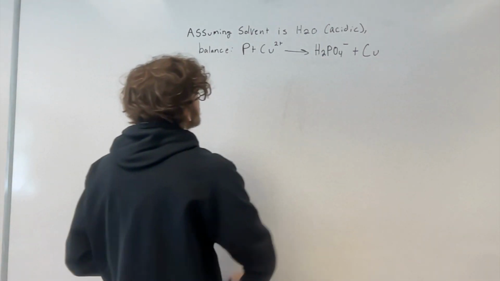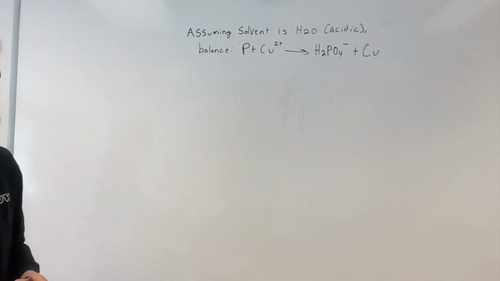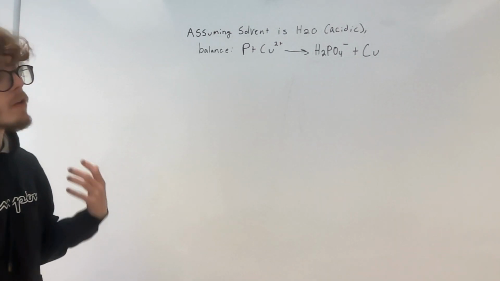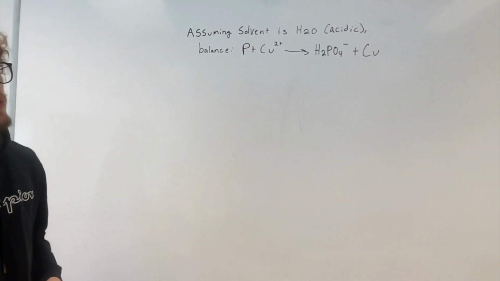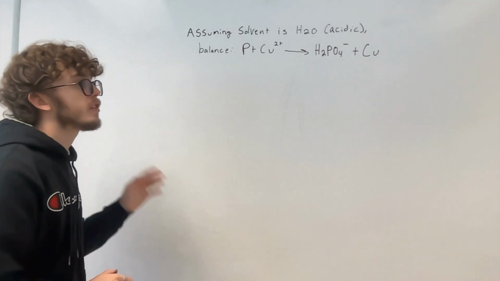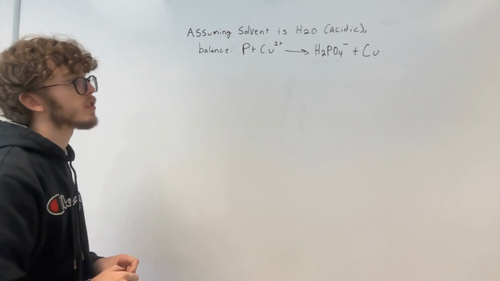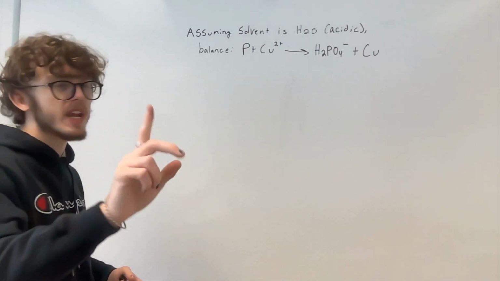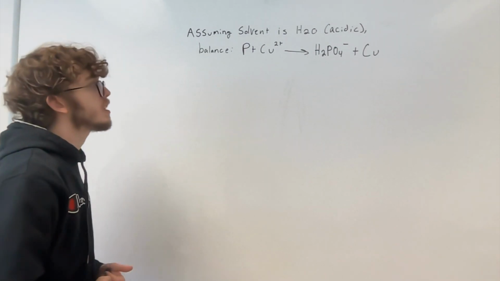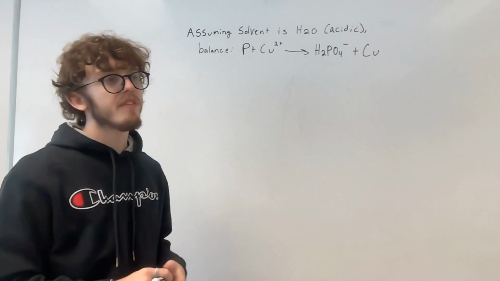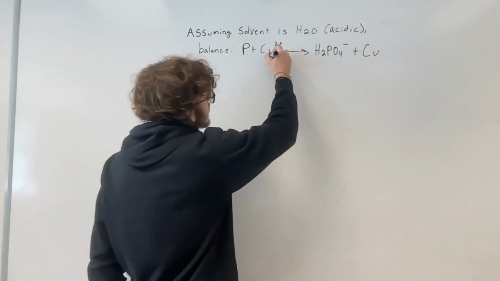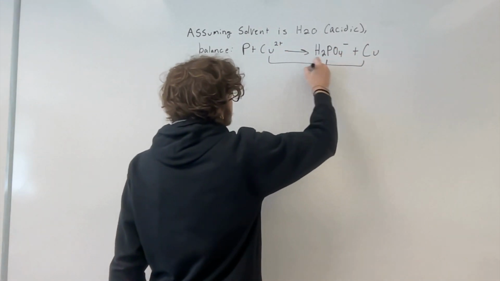So let's go through here on how we go about balancing these. We don't have any forms of hydrogen sources or oxygen sources, so we're going to see how we do that. But the first step of any problem that you'll see is draw half reactions. So pair these up and pair these up.